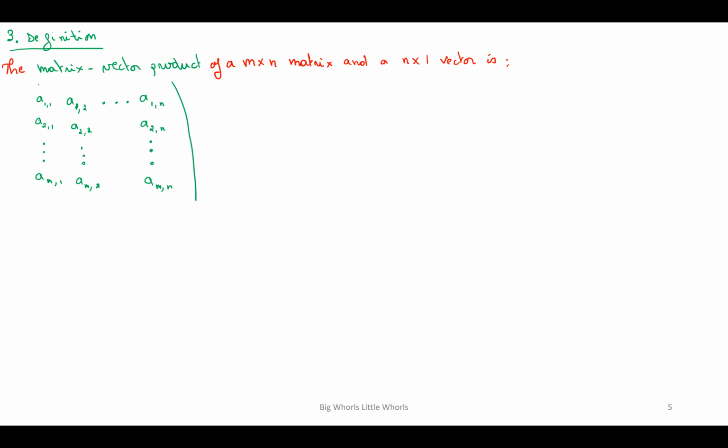Okay, so this is our matrix with m rows and n columns, multiplied by our vector c1, c2, cn.